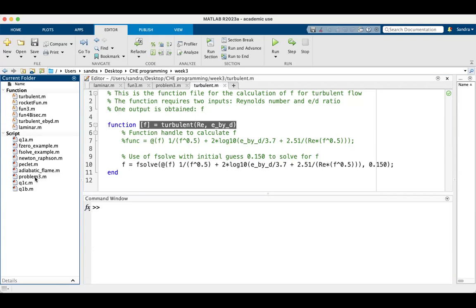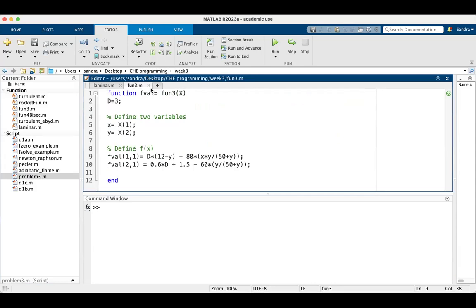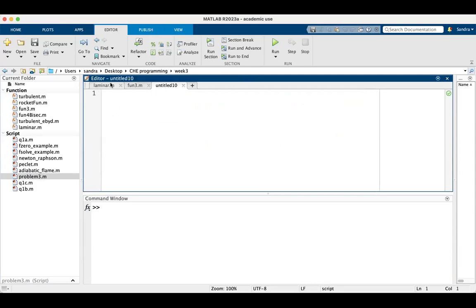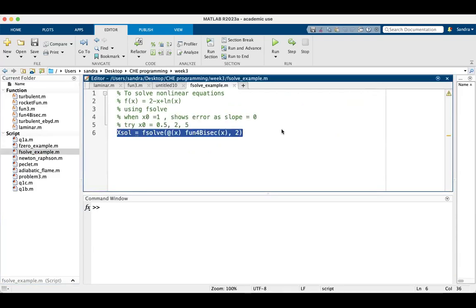Okay, since the answer is not here, let me just try to code that. So you have the fzero function. We have an example here, the fsolve example is here. Similarly, we'll try to do this.